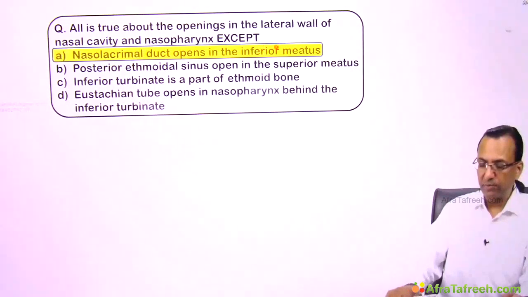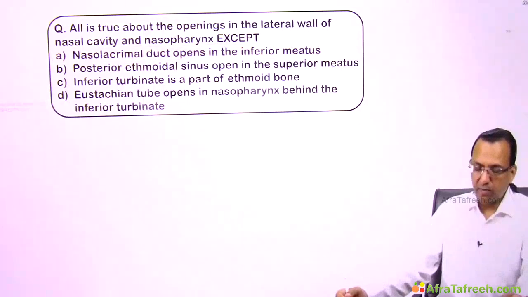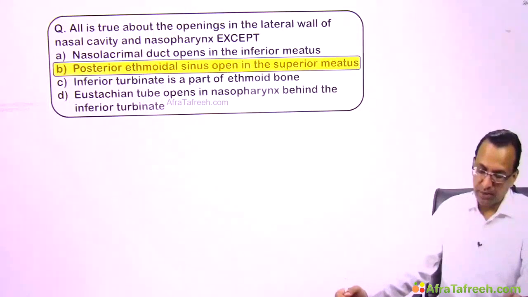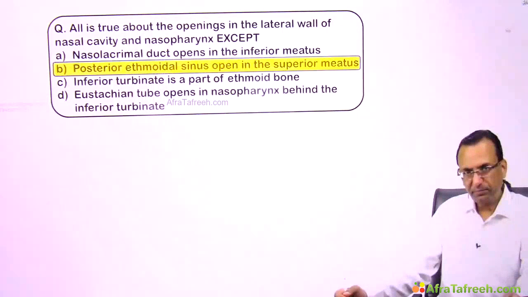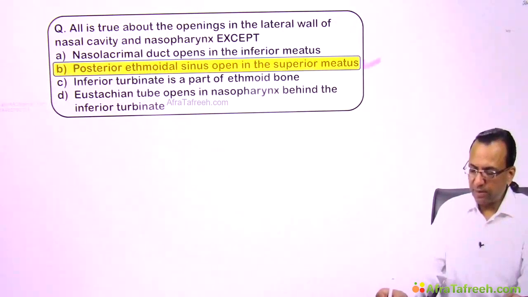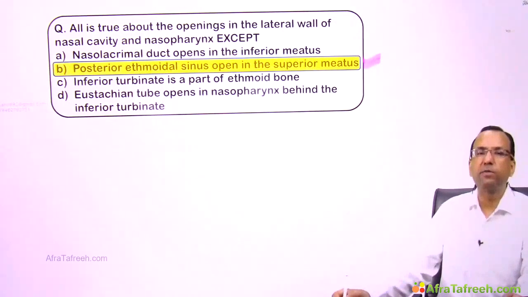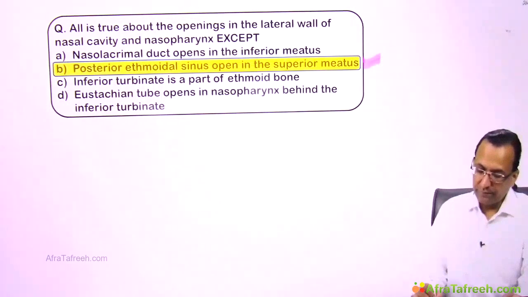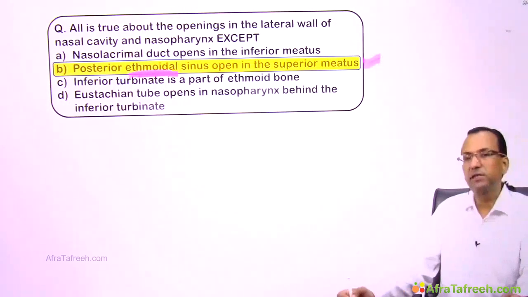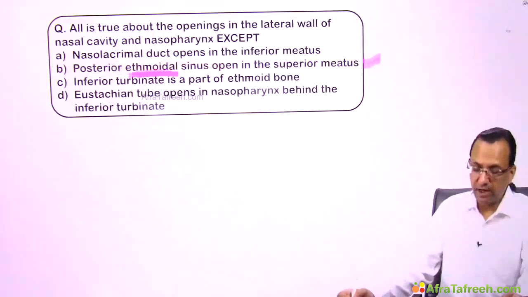This is a correct statement. Posterior ethmoidal sinus opening into the superior meatus is also correct. The middle and anterior ethmoidal sinuses open in the middle meatus, also correct.